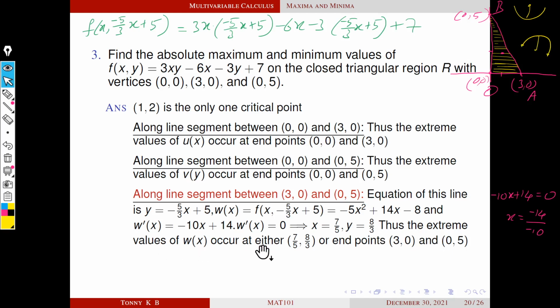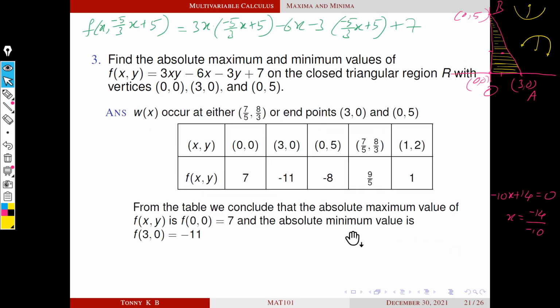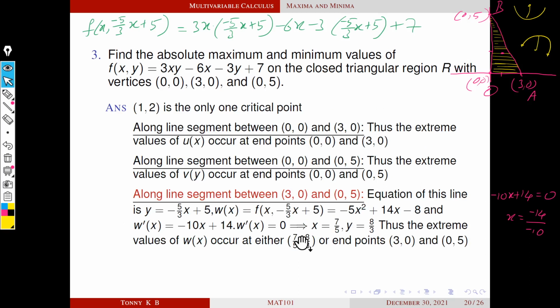So we have 3 possible extreme points. They are 7 by 5, 8 by 3 and 3, 0 and 0, 5. Okay, now we have a total of 4 possible extreme points from the boundary: 0, 0, 3, 0, 0, 5 and 7 by 5, 8 by 3.